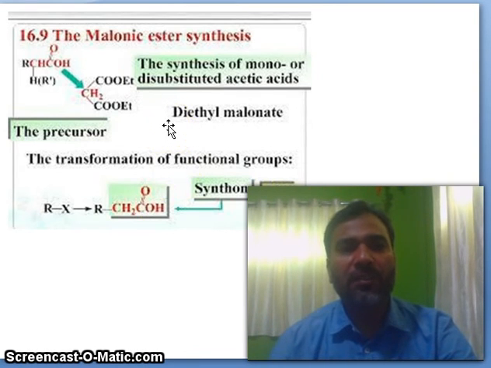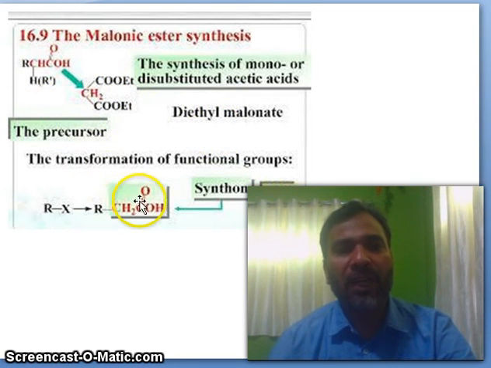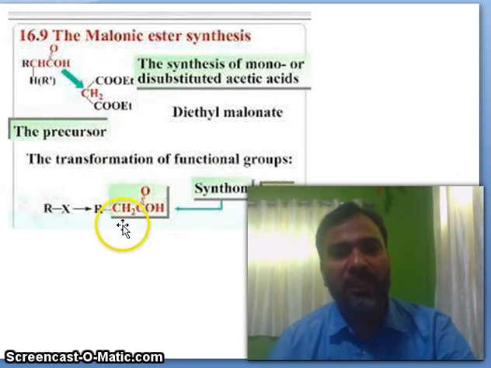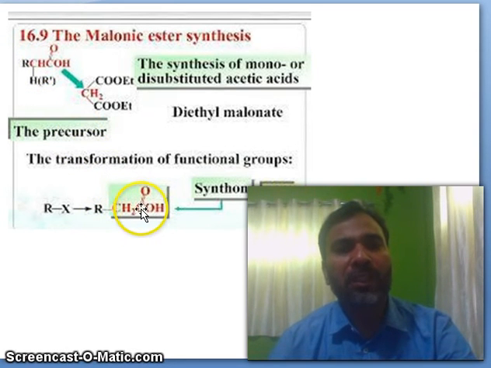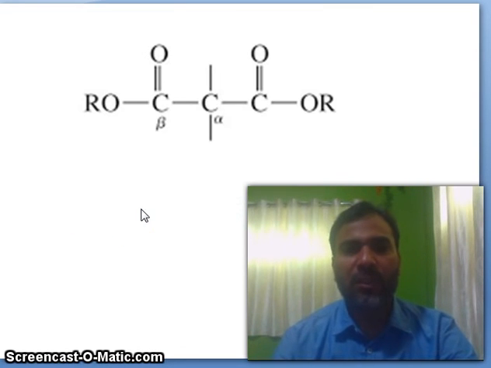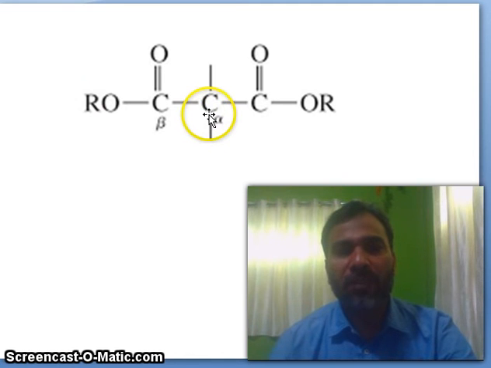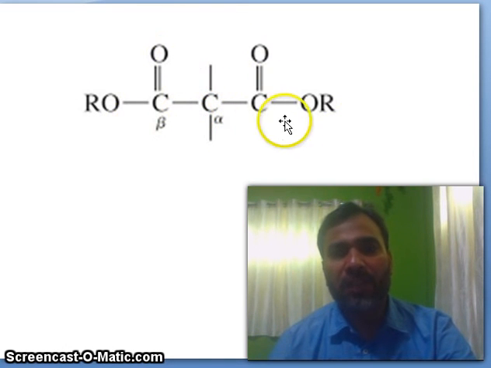Now you see the synthesis of mono or disubstituted acetic acid with the help of diethyl malonate. If you have diethyl malonate, you can synthesize monosubstituted and disubstituted products. So this is the alpha carbon, flanked with 2 ester linkages, which are electron withdrawing groups.